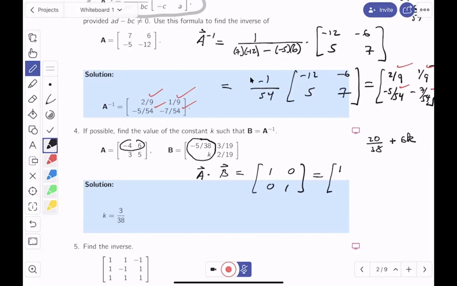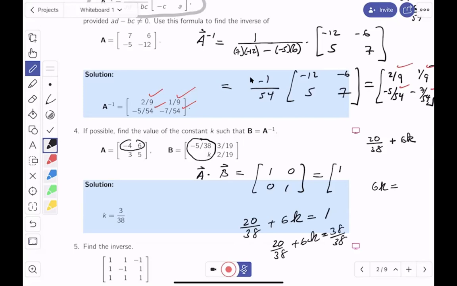Let's write this down. 20/38 plus 6k is supposed to equal 1. Let's go through the work. 20/38 plus 6k equals 38/38. Well, I'm going to subtract 20/38 from both sides. You get 6k equals, you know what?